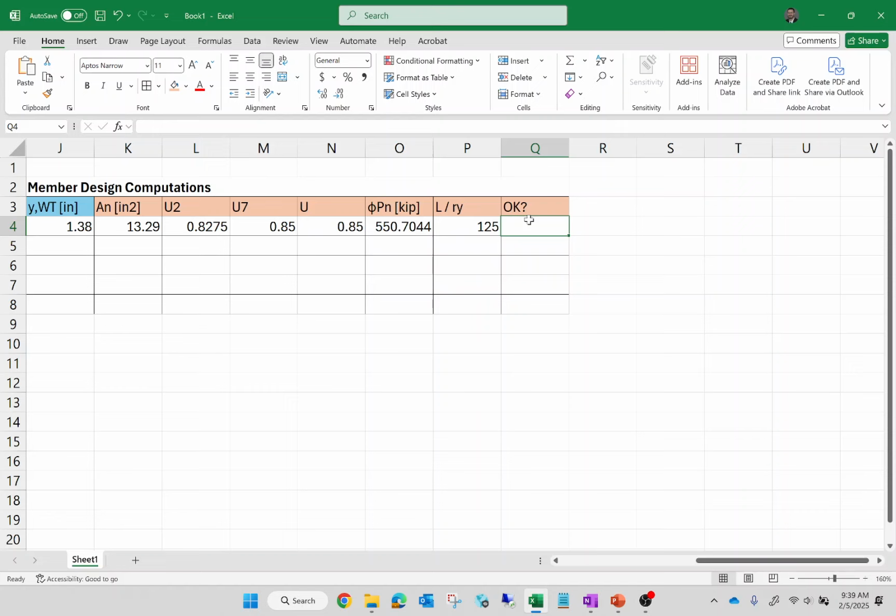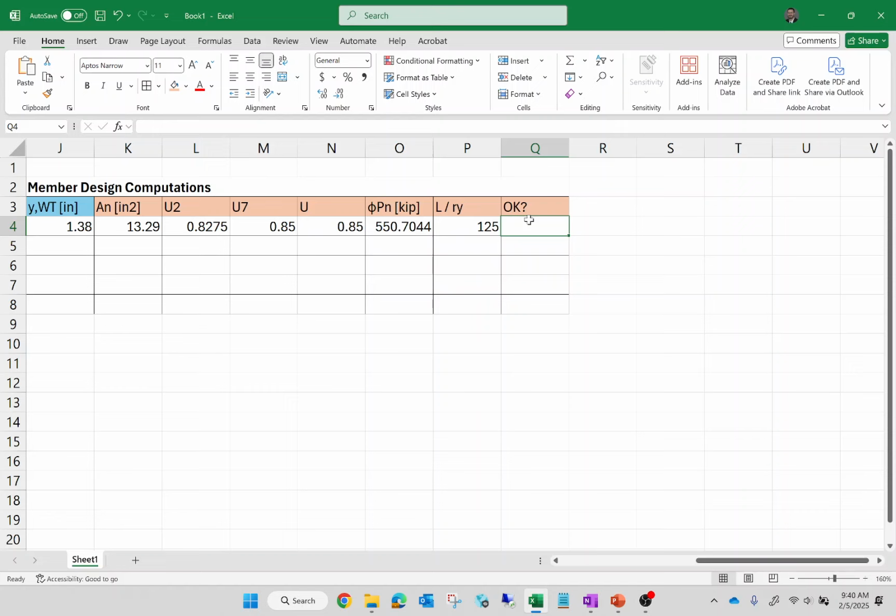And what are the two things that have to be true? VPN has to be greater than or equal to PU, and L over R has to be less than or equal to 300. If these are true, it's okay. Otherwise, it's no good. Right?